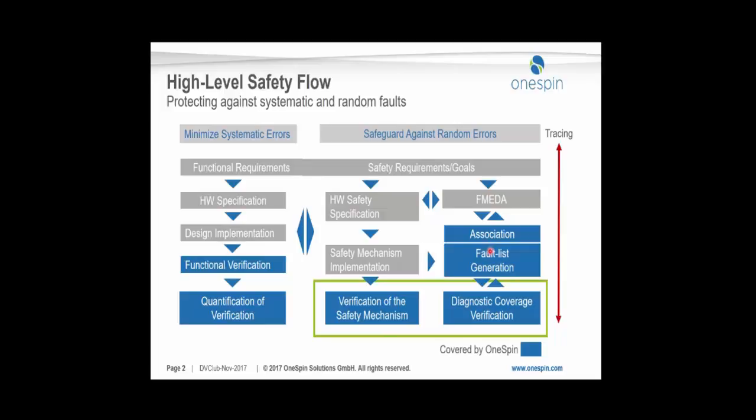And once we have this fault list, which corresponds to our safety mechanism implementation, then we can do our diagnostic coverage verification. And I'm going to talk about the verification of the safety mechanism and the diagnostic coverage verification of the EXA Crossbar.